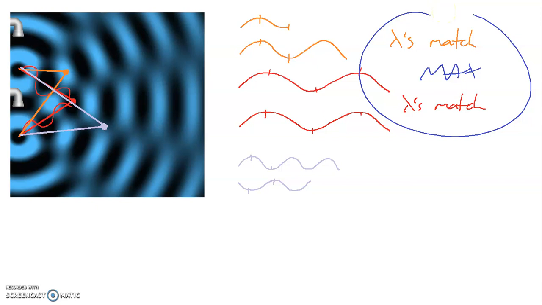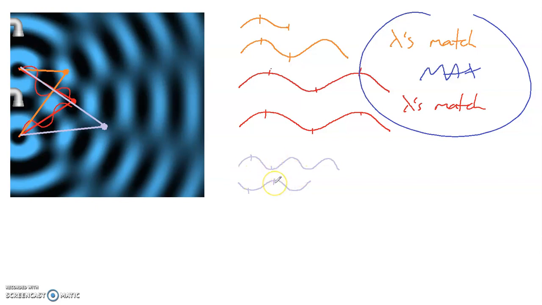Even if I take the orange one, it's a little easier to grab over here, even if I moved it over like this, it would still match crest on crest. So I can move this one wavelength either way, or two wavelengths, or three wavelengths. As long as I move it a full wavelength, it's going to be a perfect match. So if the wavelengths match, you get a maximum every single time.